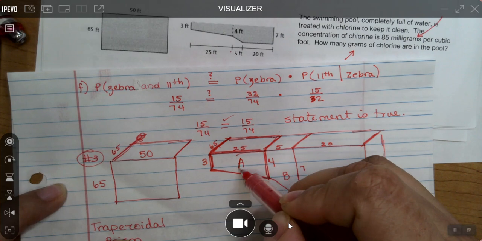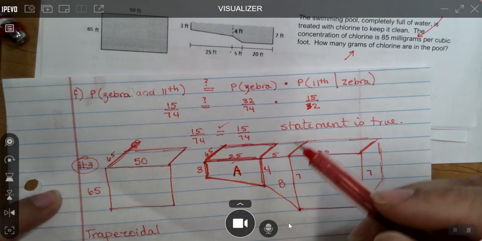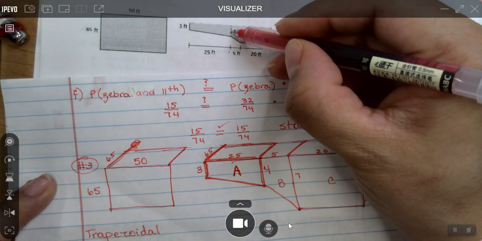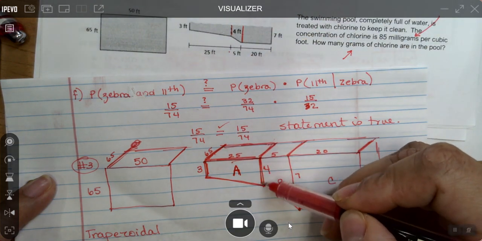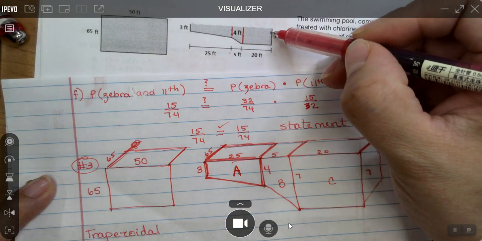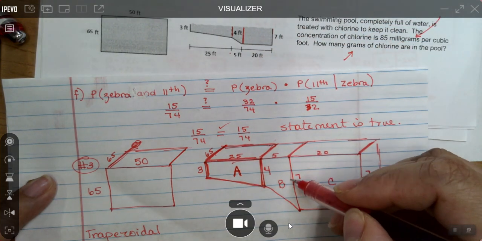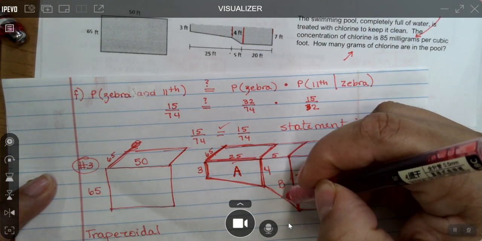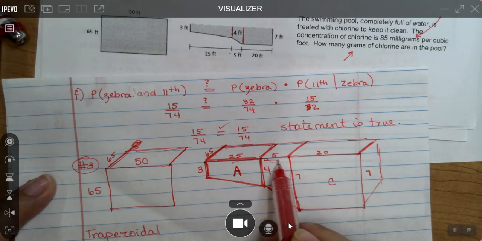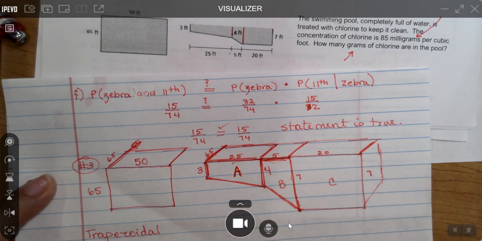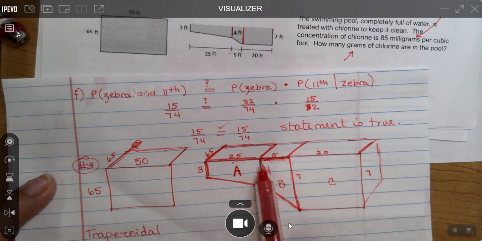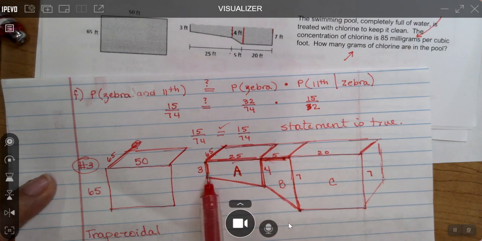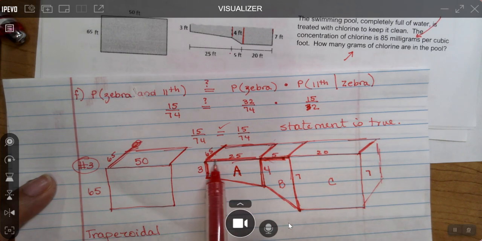So I call that A. Then from here to here, 4, and then this is the full drop, so it's 7. It's also another trapezoidal prism. One base is 4, the other base is 7, and the distance between them is 5. I think I forgot to mention that this base is 3, that base is 4, and their distance is 25.